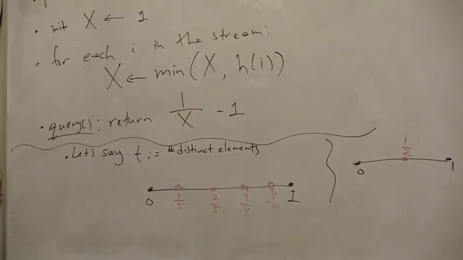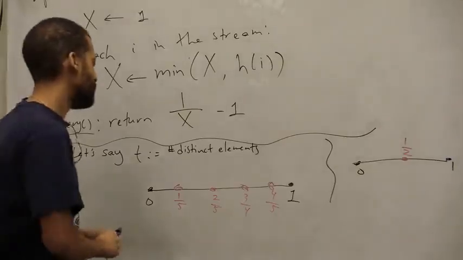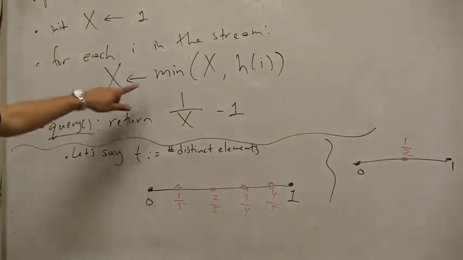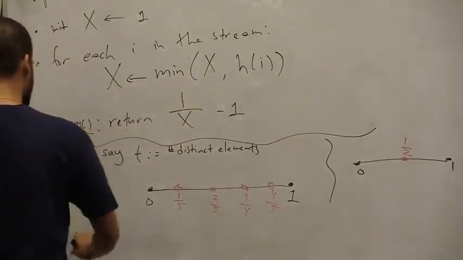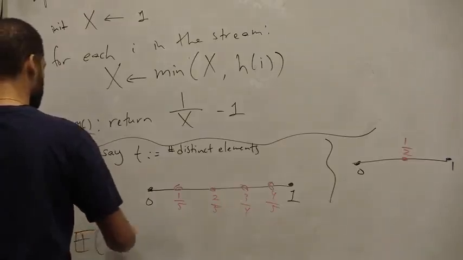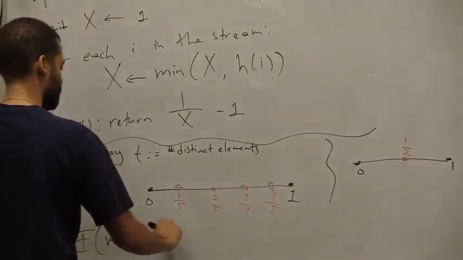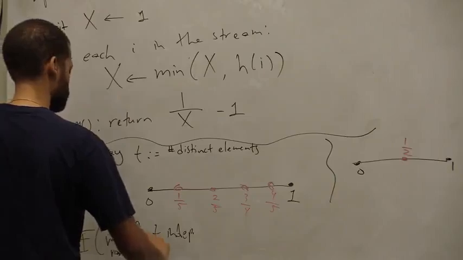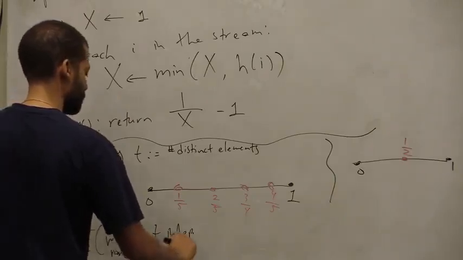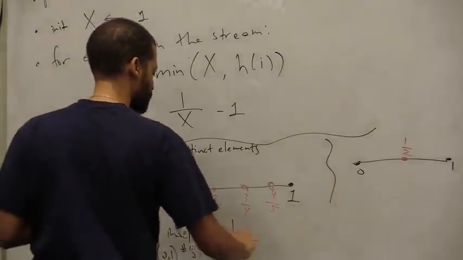That's the expectation. You can prove that. So what are we keeping track of? We're keeping track of the minimum of these T random numbers. So we expect that the minimum of T independent random uniform 0, 1 numbers would be 1 over T plus 1.